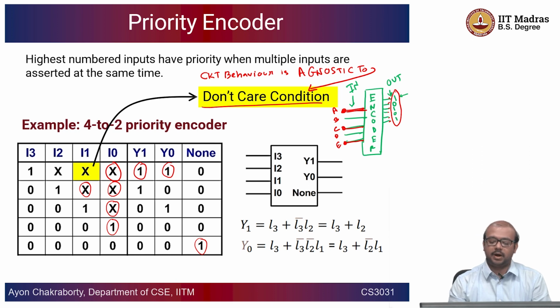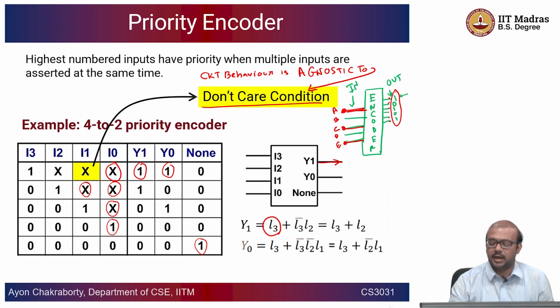That is also a possible thing that may happen. So what is Y1 here? Y1 is going to be turned on if L3 is 1, and then you don't have to look at any other variables. I am trying to tell you how you can logically write these equations without going through min terms and so on. Y1 is chosen if L3 is 1, that is the highest priority. I don't even have to talk to anybody else. Or I can choose if L2 is 1, but I need to make sure that L3 is not 1.